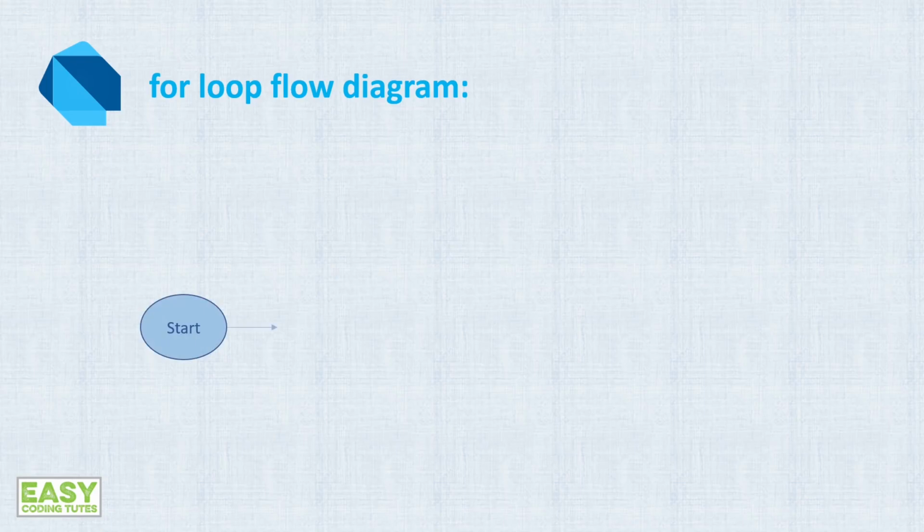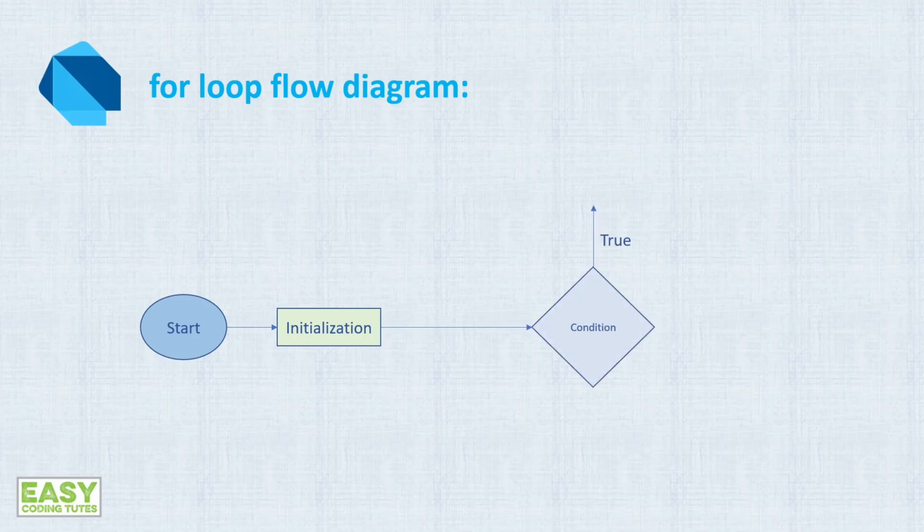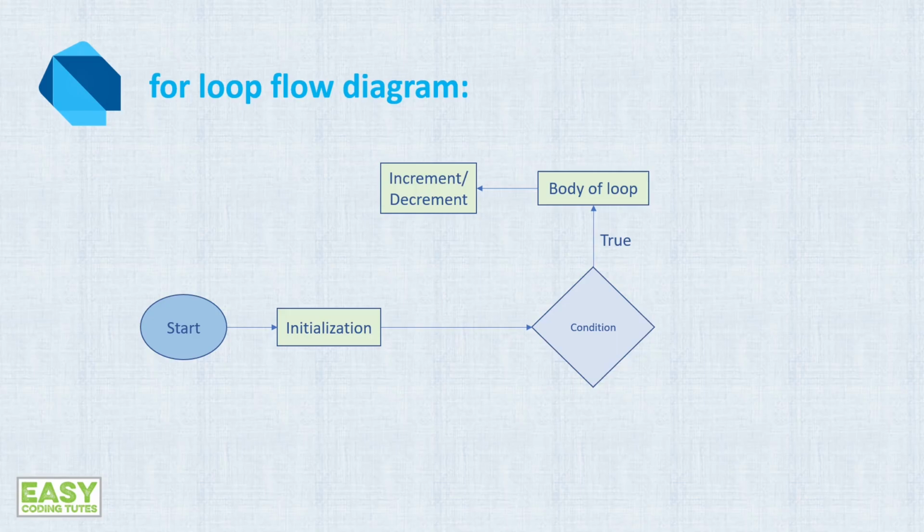So let's understand the flow diagram of the for loop. When we run our program, it performs the initialization of the variable, then it checks whether the condition is true, so it goes inside the body of the loop, then it performs the increment or decrement of the variable accordingly, then it comes again to the condition and checks if it's true.